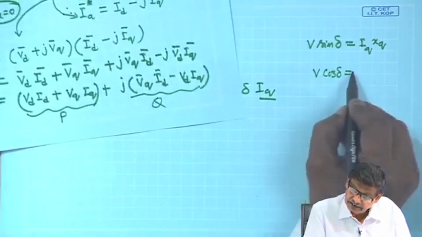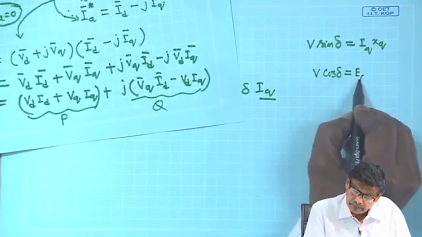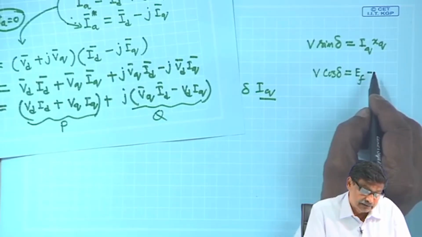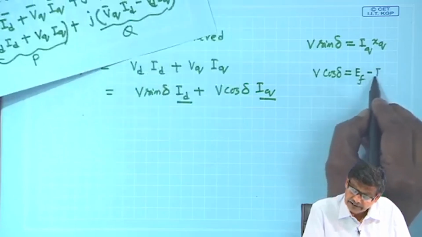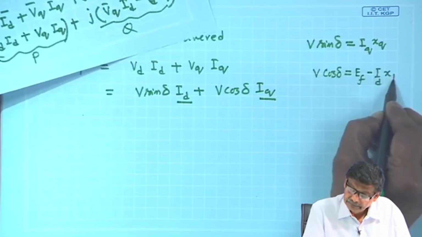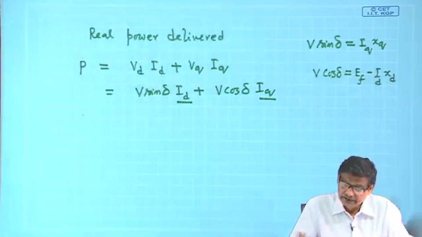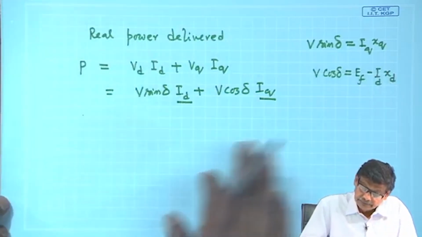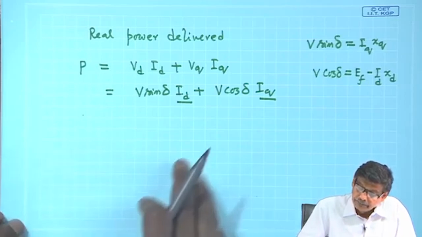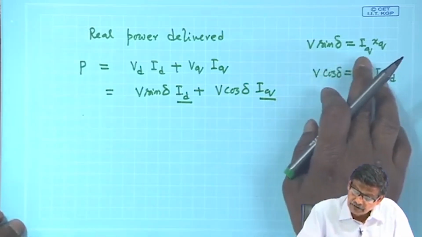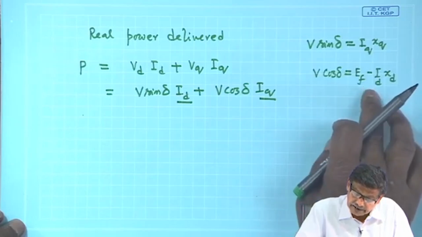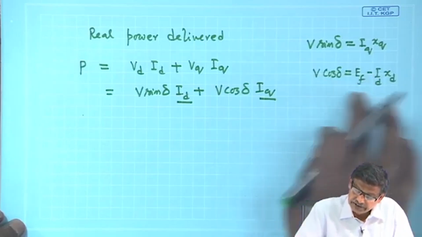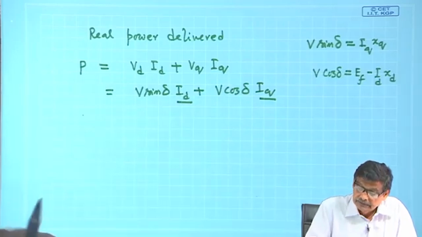So, V cos delta is E_f minus I_d X_d. This will be the thing. So, we have to put the values of I_q and I_d from these two expressions here.